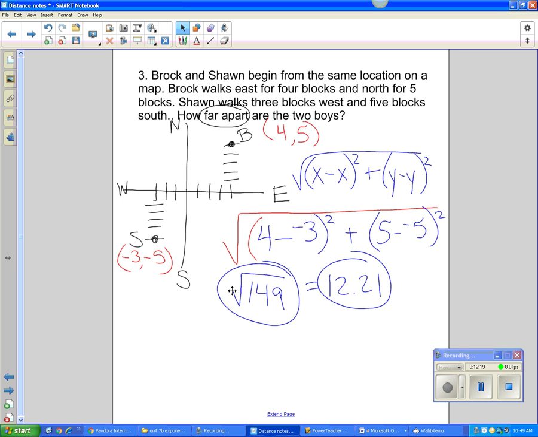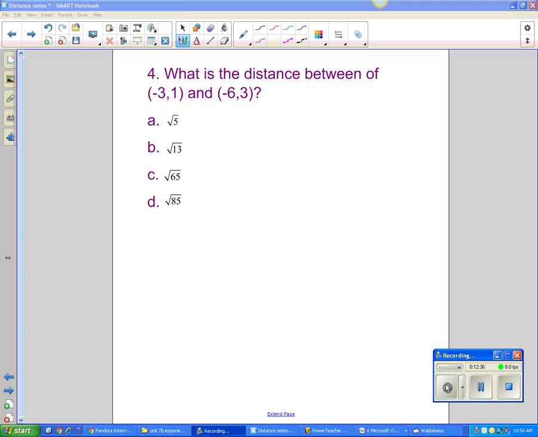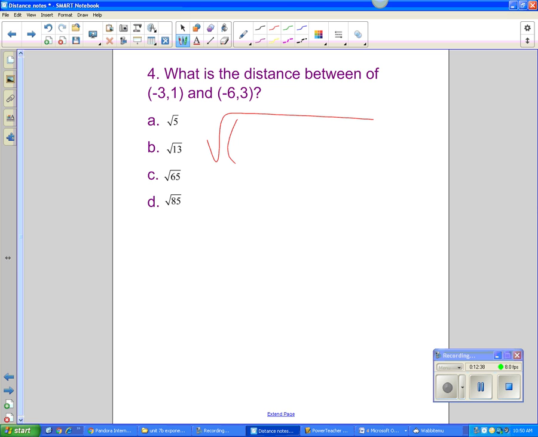All right, number 4. Julius, read that one. All right, so on your own paper, I want you to go ahead and start this one. Okay, if you're still working, that's fine. You should have parentheses negative 3 minus negative 6.